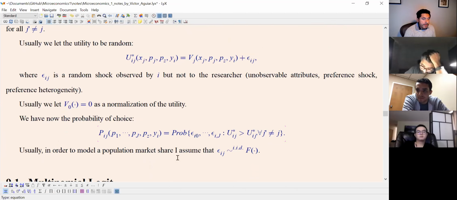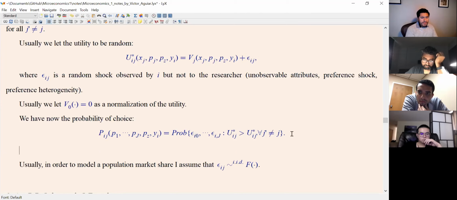So here, what I want to obtain is the probability of choosing alternative j for individual i. This is individual stochastic choice data. And here, what I will do is basically take the probability that these shocks, epsilon j and so on, are such that this difference is always positive for all j prime different from j. So what does it mean?